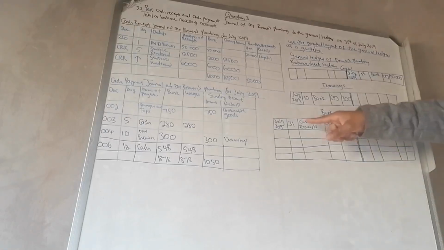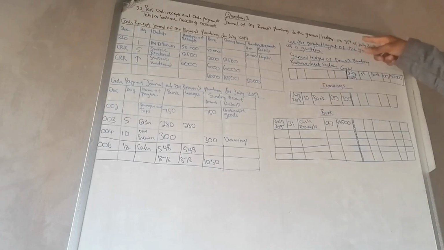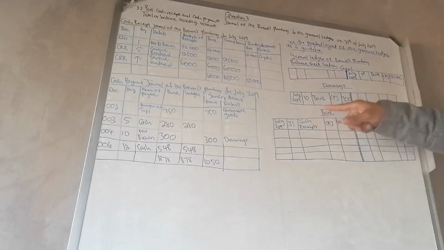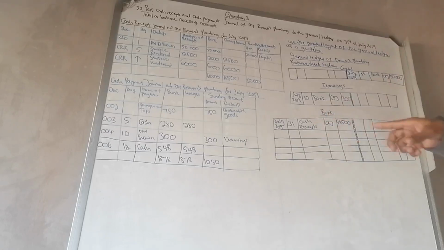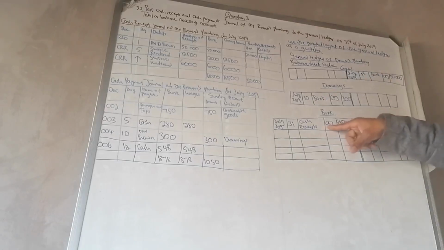It was compiled on the 31st. That's when we close the journal of the month. And then this was the total: the cash receipts, the sum of all the receipts of the business, recorded on a cash receipt journal.